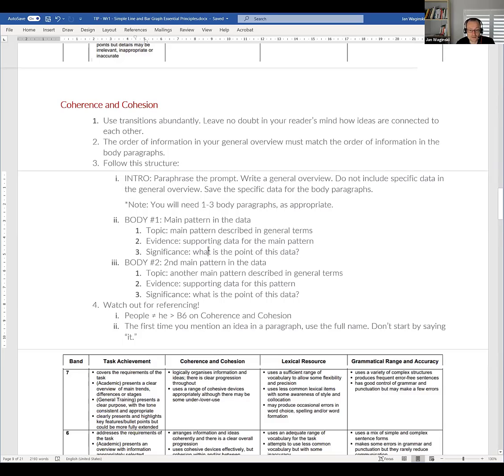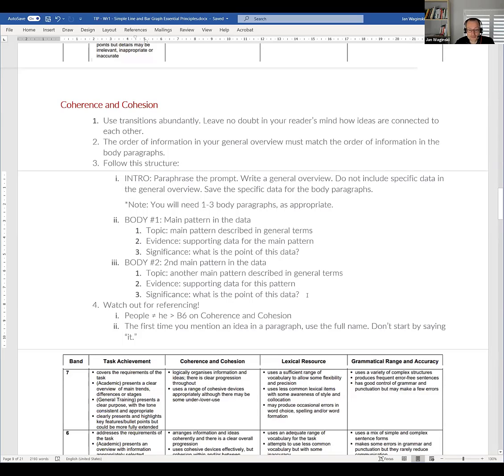Because they don't want you to just list the information, they want you to talk about any patterns. Do the same thing for the second body paragraph, the second main pattern in the data. Again, the second point that you discussed in your general overview. So you can start off with the topic sentence to introduce that pattern, followed by evidence, and then you can end with stating the significance.